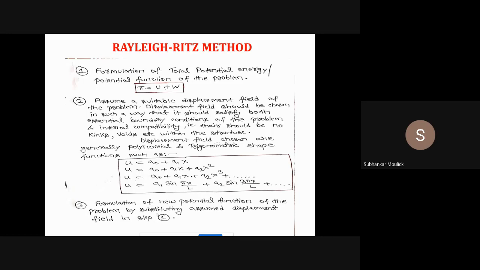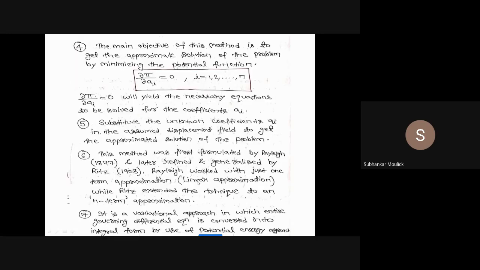Now in that modified form, there are two unknowns present, the unknown constants a1 and a2. So in the fourth step, you need to minimize your entire potential function, meaning you partially differentiate your modified potential function with those unknown coefficients.